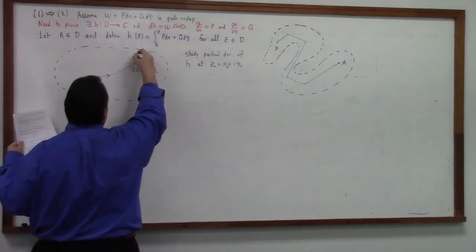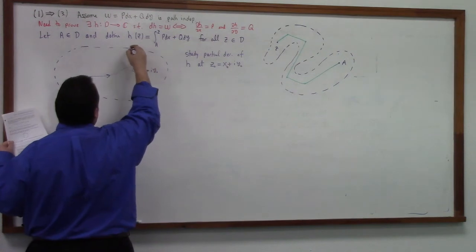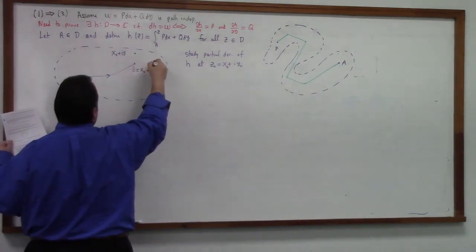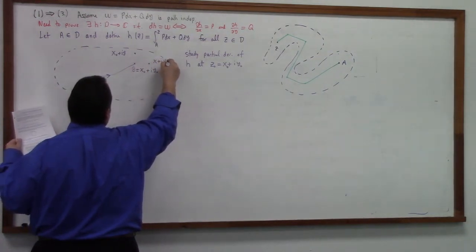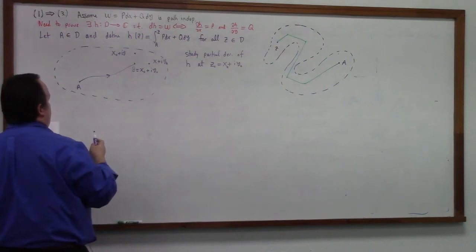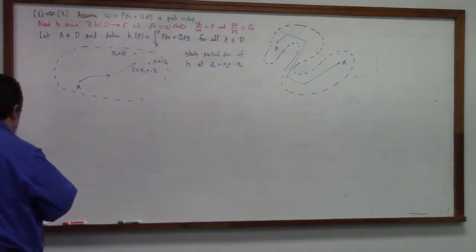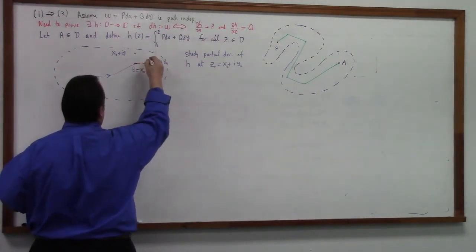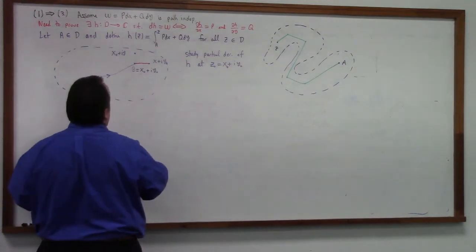And then I can look at points close by. I can look at a point like here of the form, say, x naught plus iy, or I can look at a point over here, say x plus iy naught, right? And I can look at the line segments which connect, the horizontal one here, or the vertical one there.